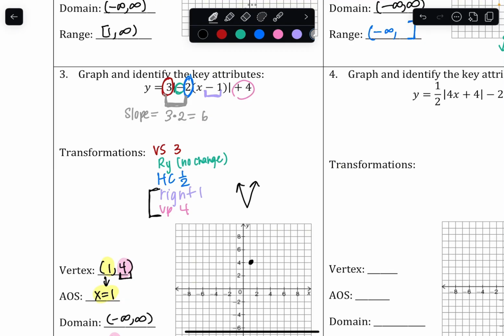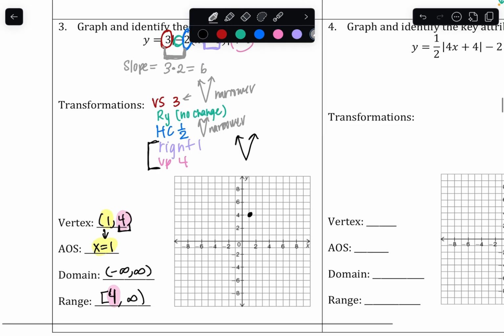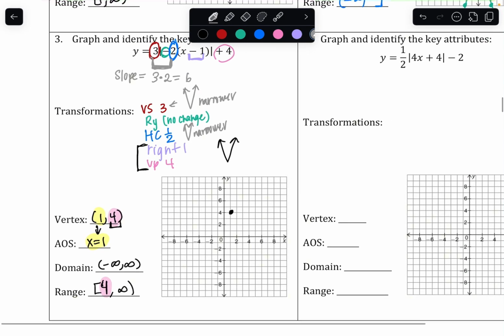That's going to be very, very narrow because we are not only vertically stretching to make it taller, we're also horizontally compressing it to make it even narrower. So narrower and narrower. And so we're getting narrower to a slope of 6. And so we would have to go up 6 units, which puts us at 10, right 1 on each side.